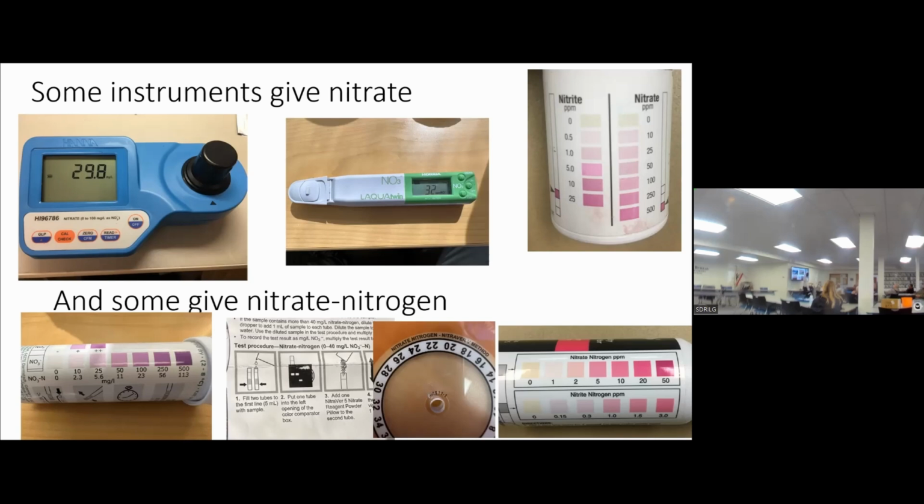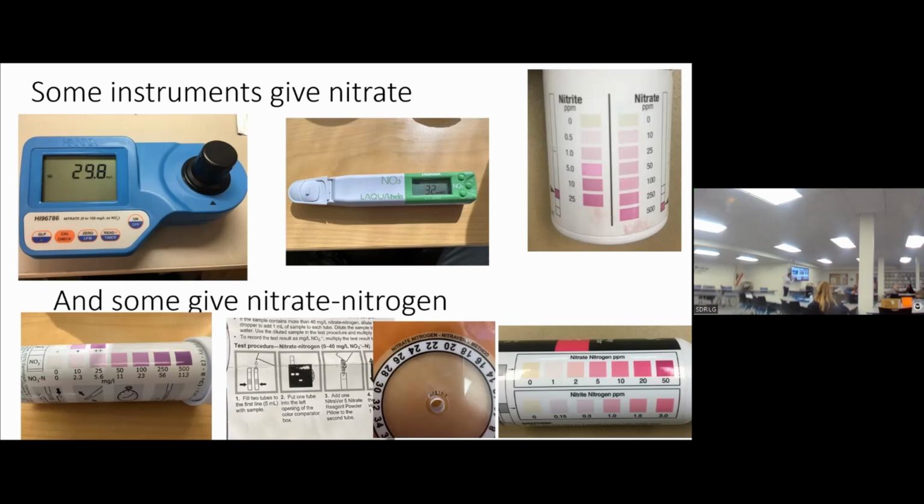And this one says nitrate back there. And those other ones say nitrate nitrogen. You see that wheel there says nitrate nitrogen. Here it says nitrate nitrogen. Check this one out. Here it says NO3N, and here it says NO3.